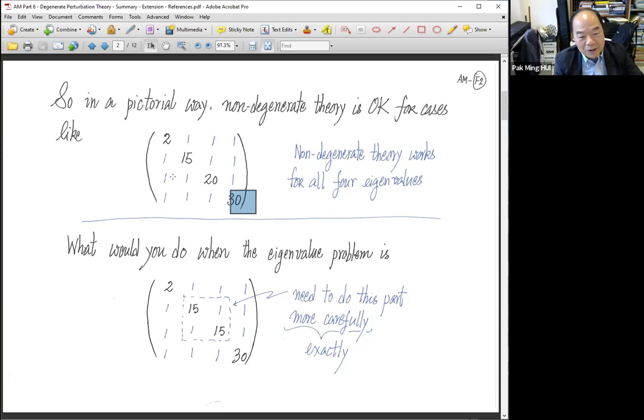Second, -1 divided by 18. Third, -1 divided by 28. Okay, do you understand what I'm saying? Is that okay? Are you back?